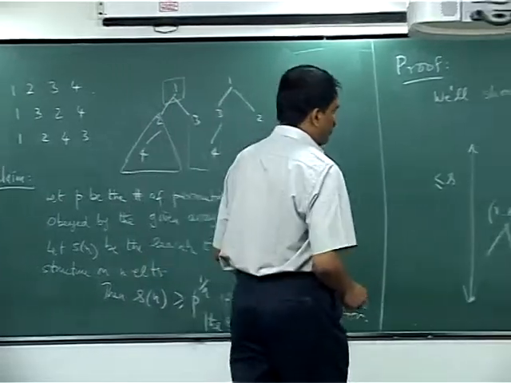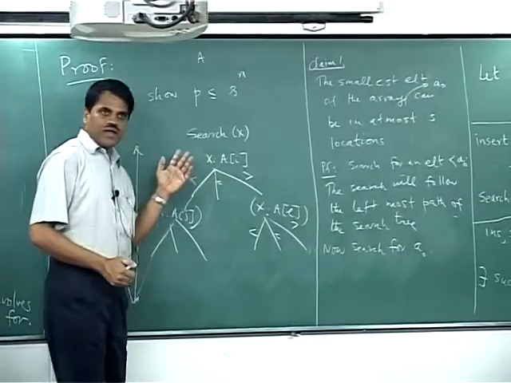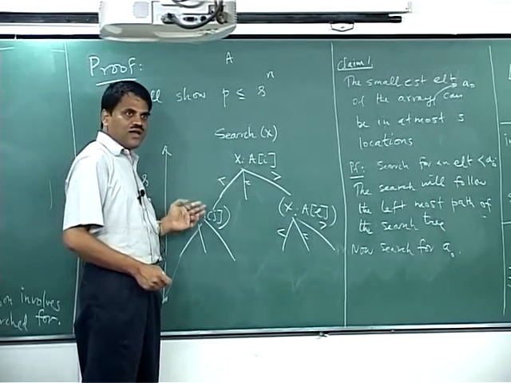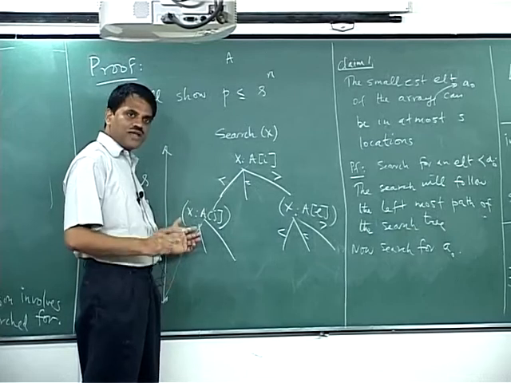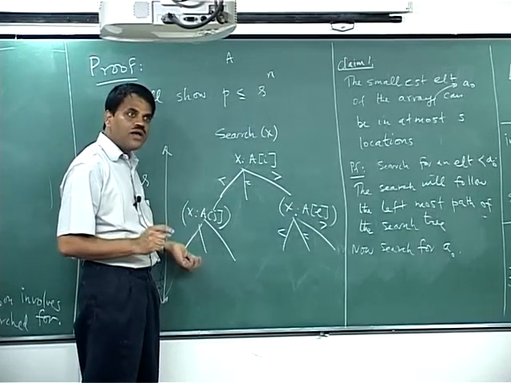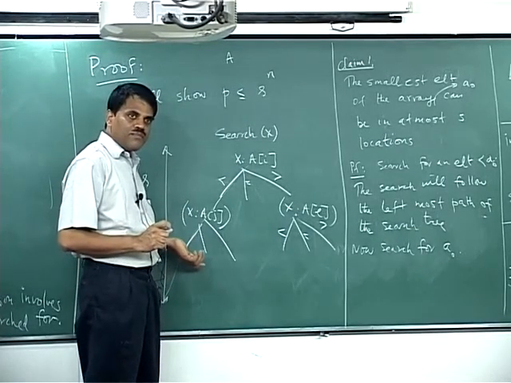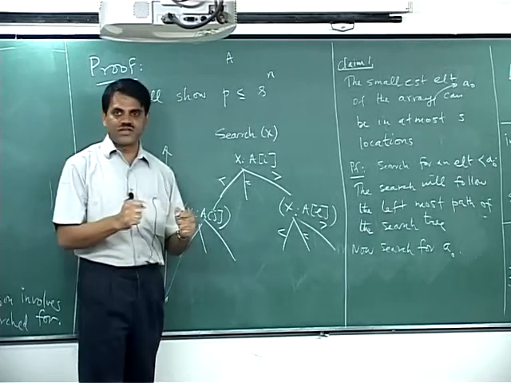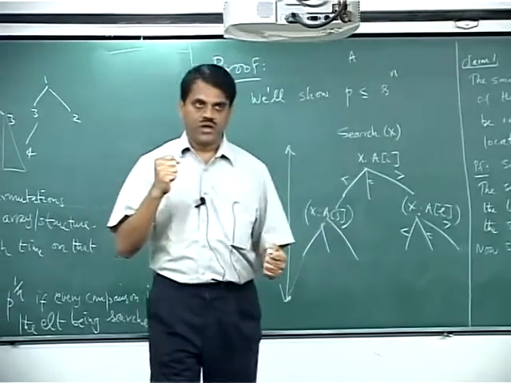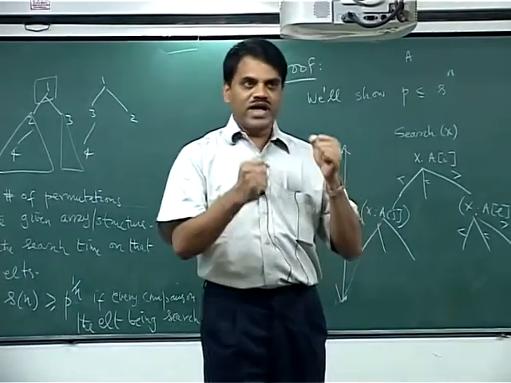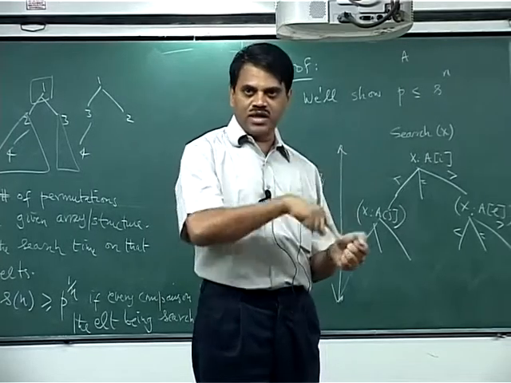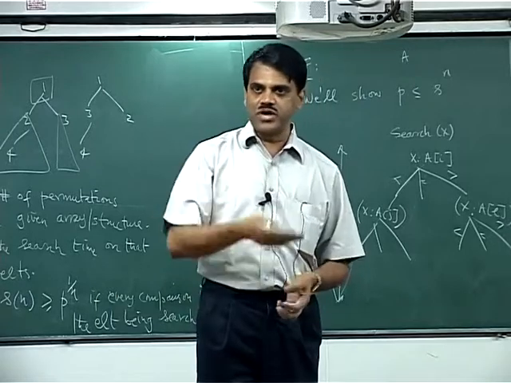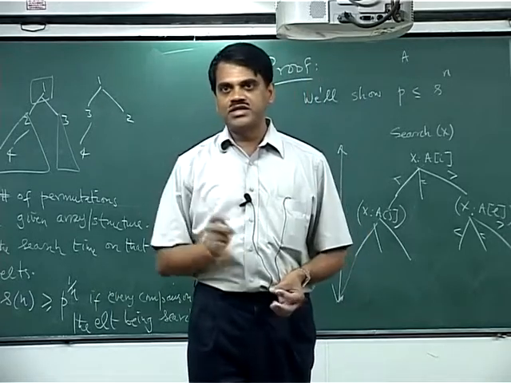It is going to follow pretty much the same path, because at every location it is going to say less than, less than, less than, except may not be the last, except which comparison, x with a0. Only when x with a0 is seen in this path, it is going to stop and say yes. Everywhere else it is going to say less than, less than, less than, because a0 is less than everybody else in the array anyway.